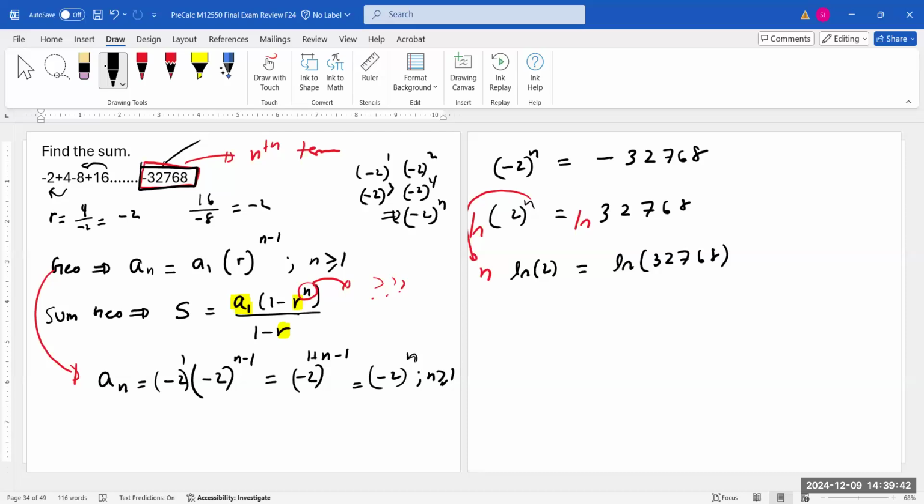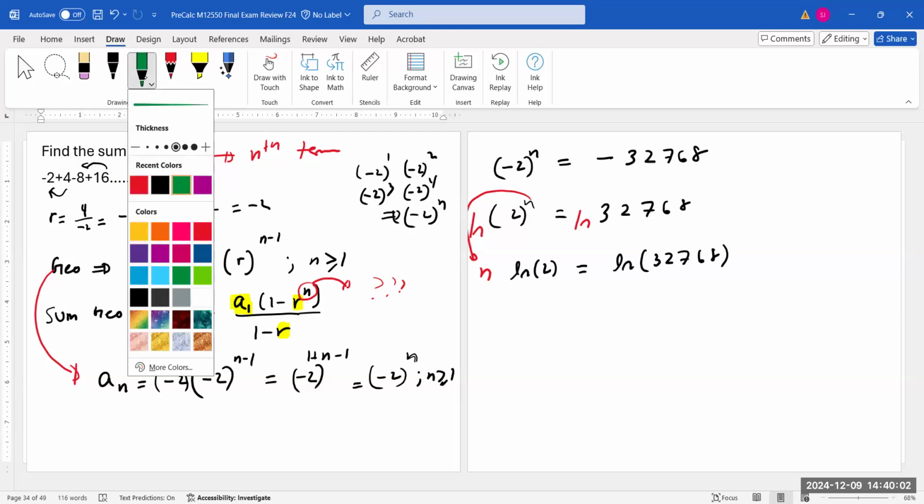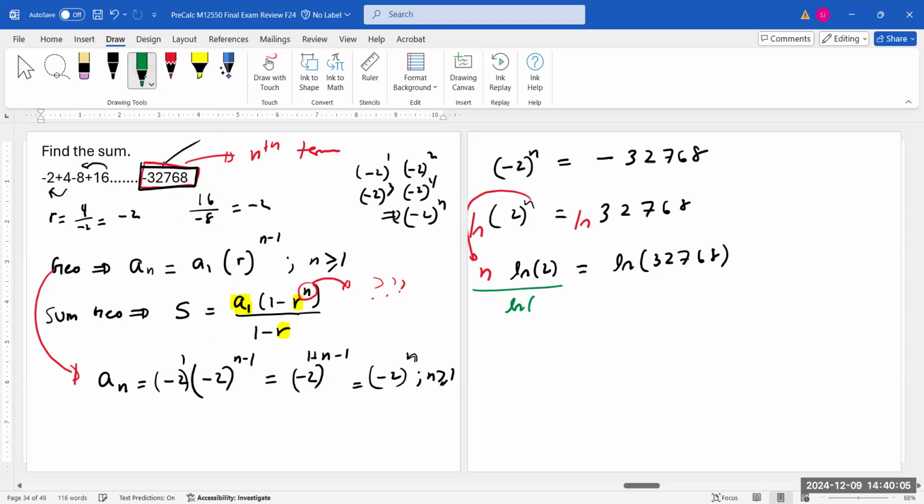I'm telling you to ignore the negative sign because ln or log cannot take any negative numbers. If you try to input that in the calculator, you'll get an invalid error message. So that's why we ignore the negative sign and work with the positive. To solve for n, we need to divide both sides by ln of 2.